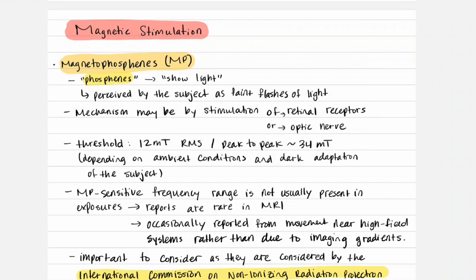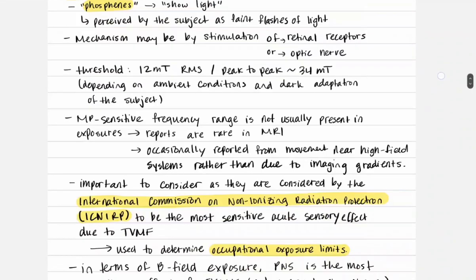The threshold for this is 12 millitesla RMS, or a peak-to-peak 34 millitesla. And the effects and the threshold do depend on the ambient conditions and dark adaptation of the subject.